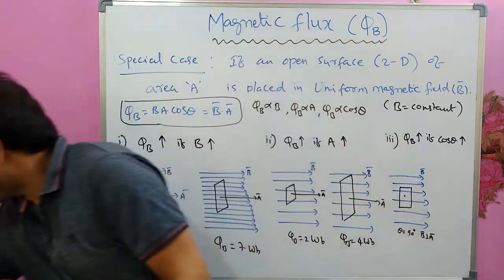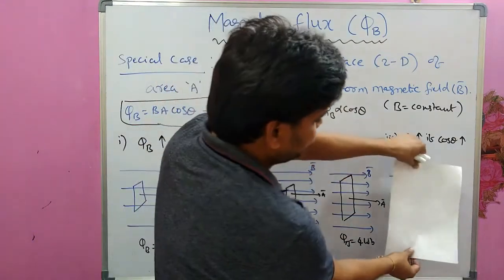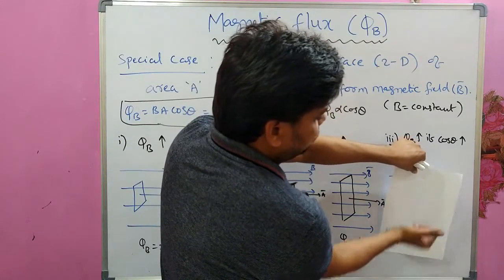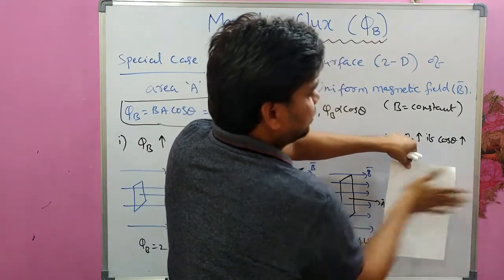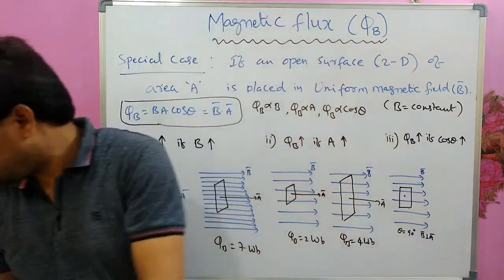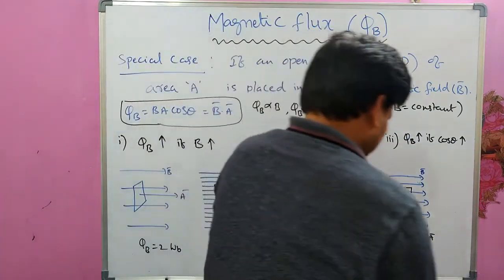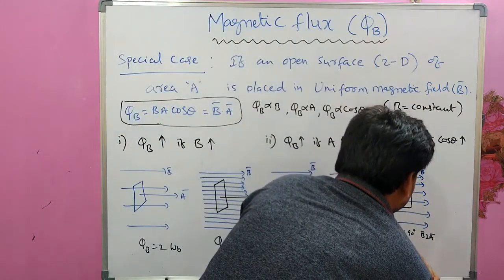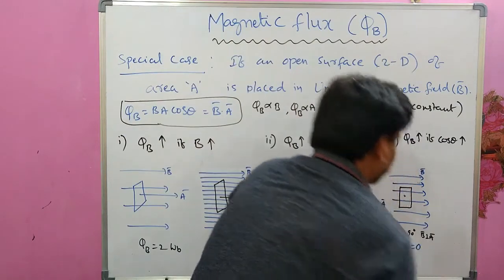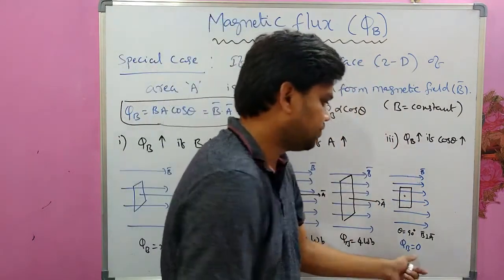See, the surface is placed like this, so the area vector is this way and the magnetic field direction is that way. So B is perpendicular to A. So this is phi B equal to 0, minimum, right?